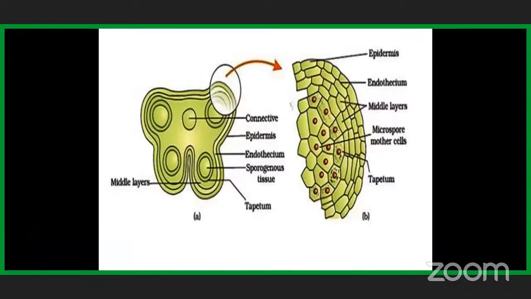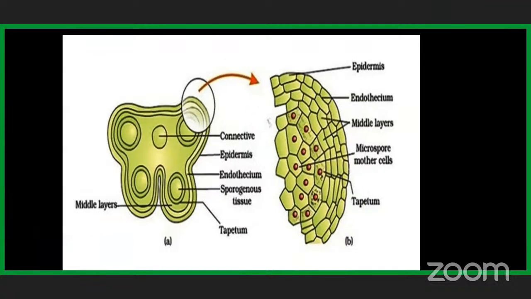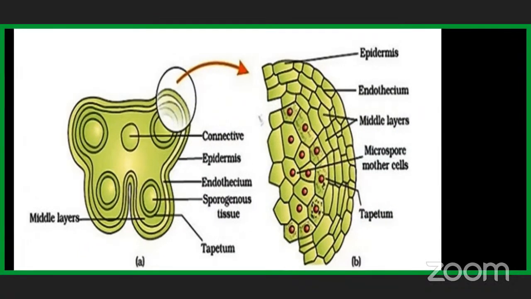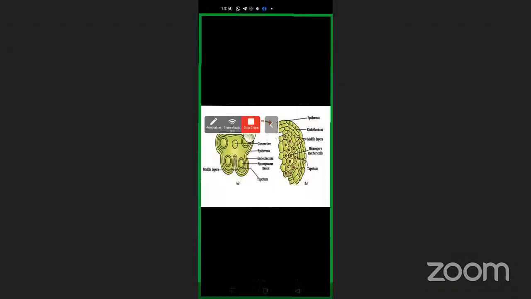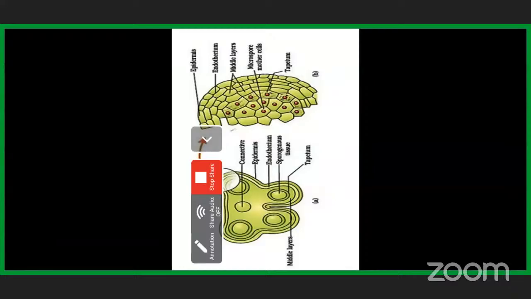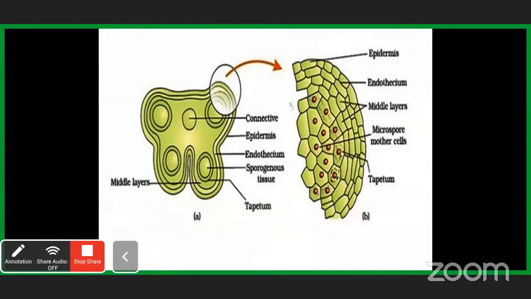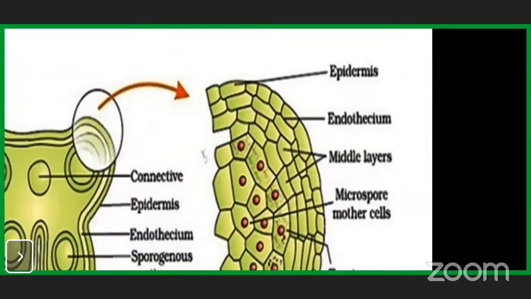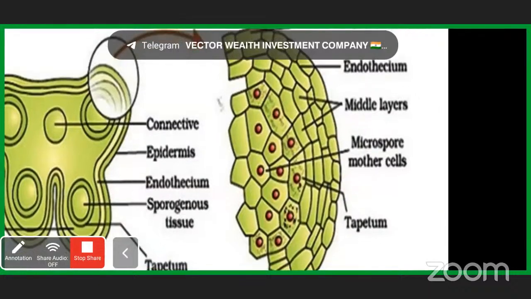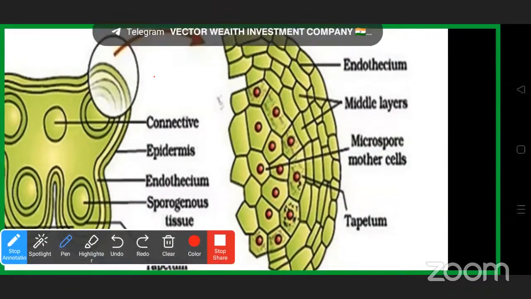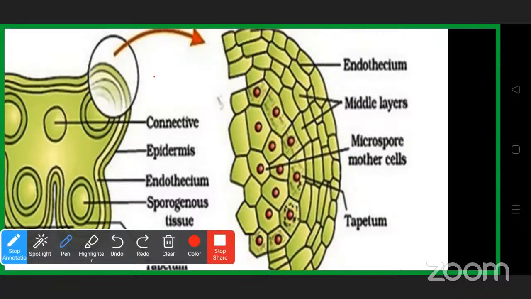You see how the structure is from the outer to inner layer. The outermost layer, I already discussed, is called the epidermis.